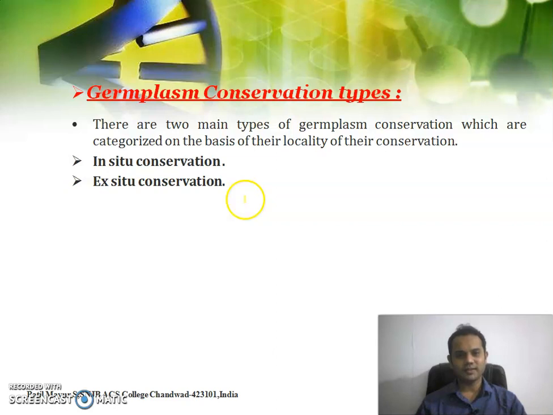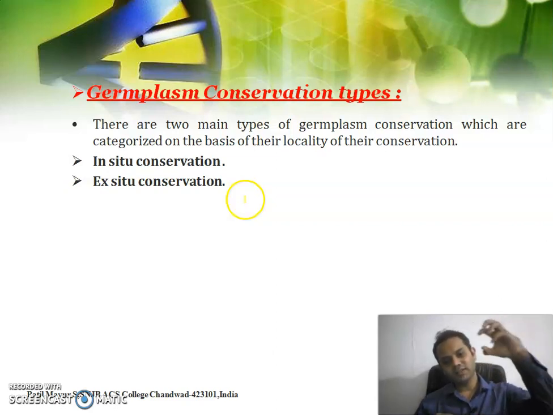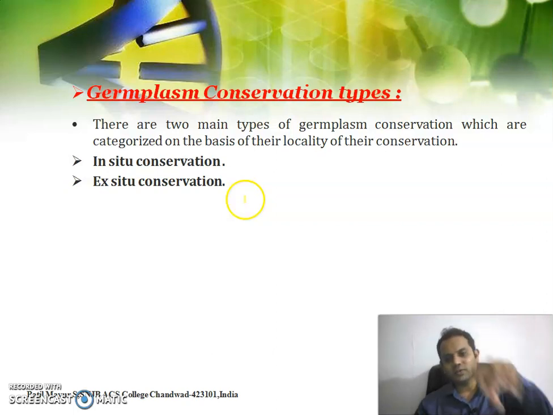As I discussed a few minutes ago, germplasm conservation is of two types, in situ and ex situ conservation, classified on the basis of the locality at which the particular species is conserved.